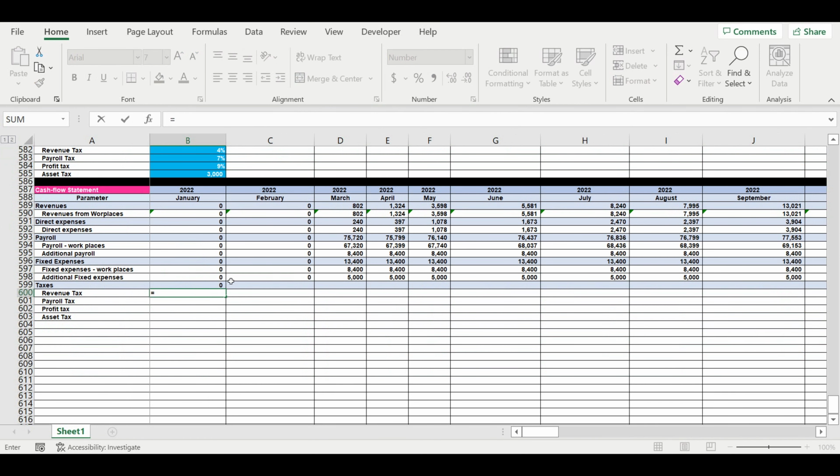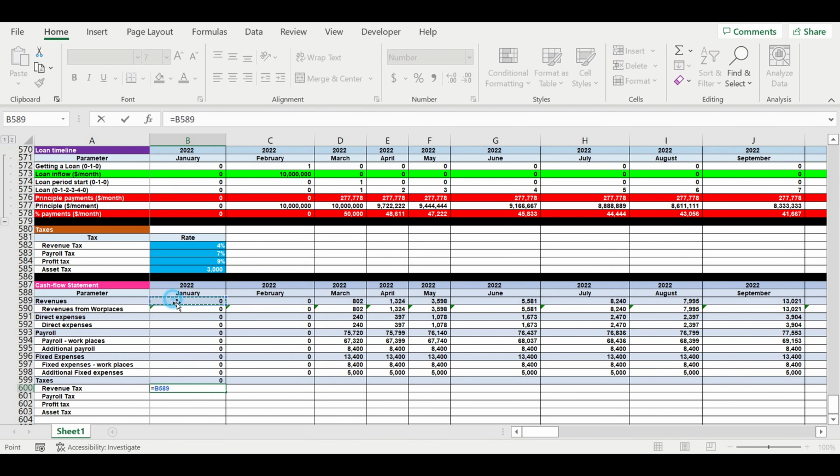For revenue tax, we take the revenue and multiply by the tax rate. Then for payroll, we take the payroll total multiplied by the payroll tax.